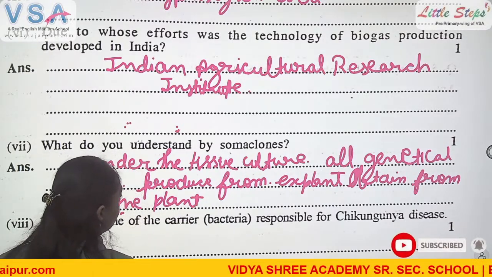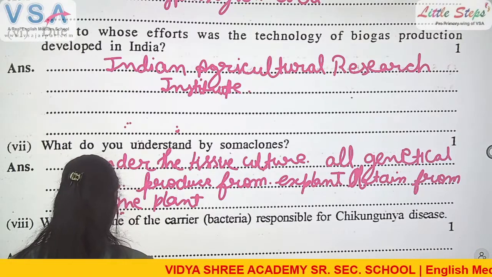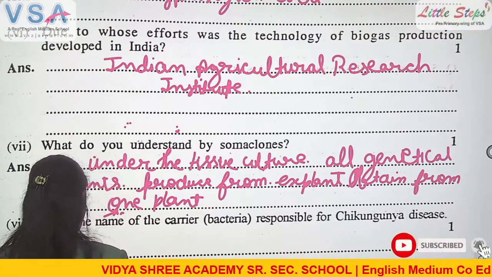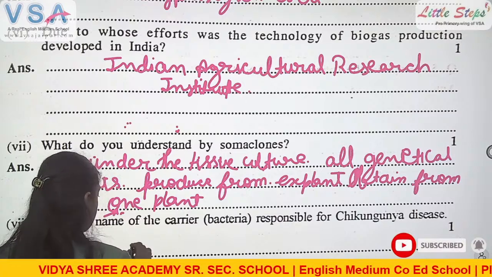Write the name of the carrier responsible for chikungunya. So here it is the Aedes mosquito.